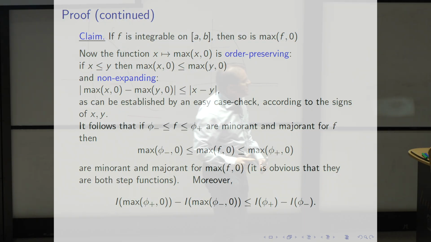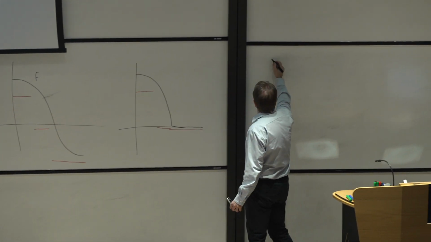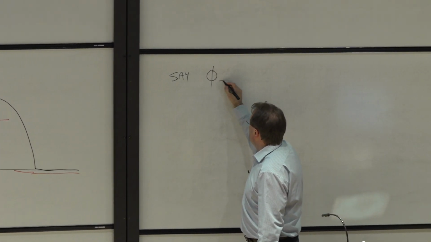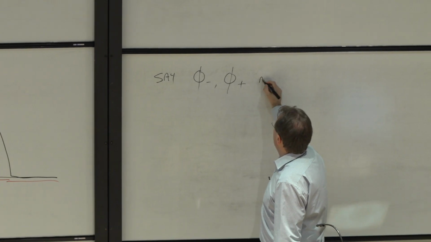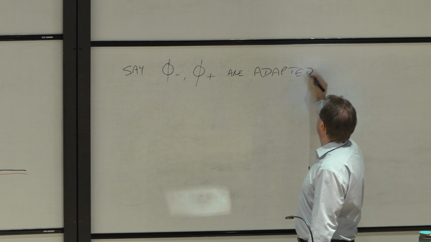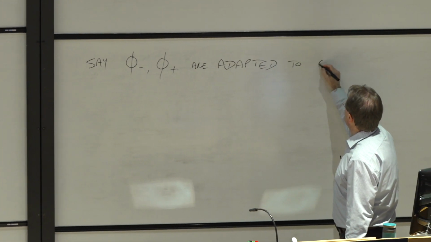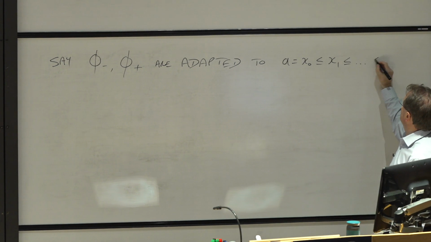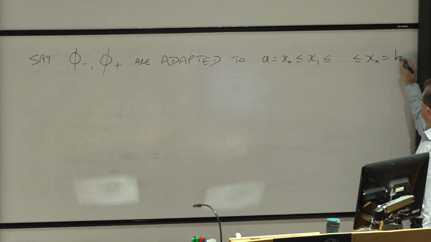proof of this. Okay, so we may as well assume that phi minus and phi plus are adapted to the same partition, say a equals x0 less than or equal to x1, etc., xn equals b.